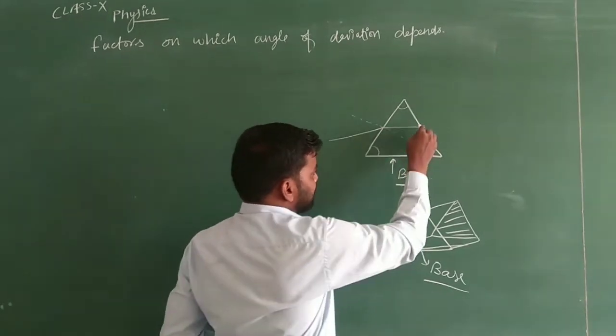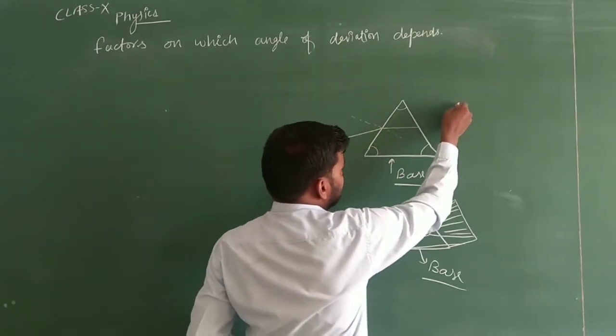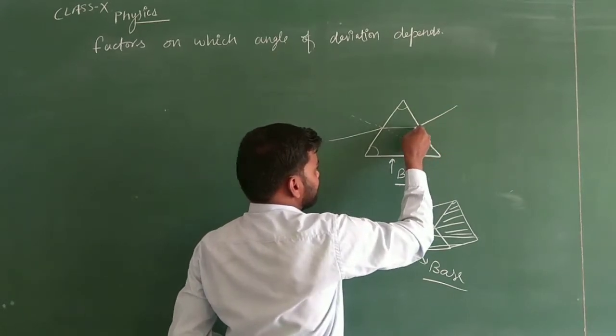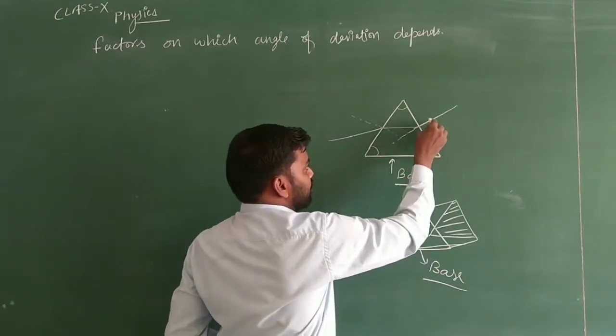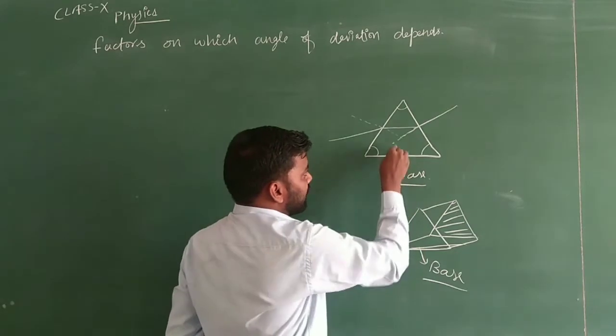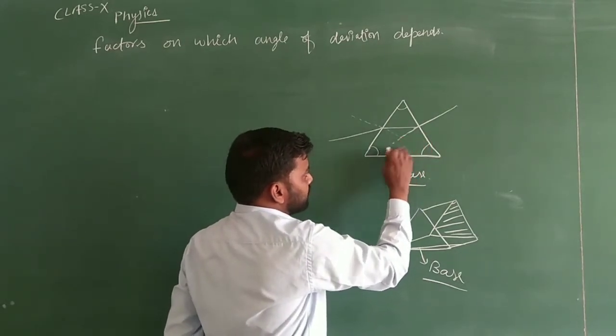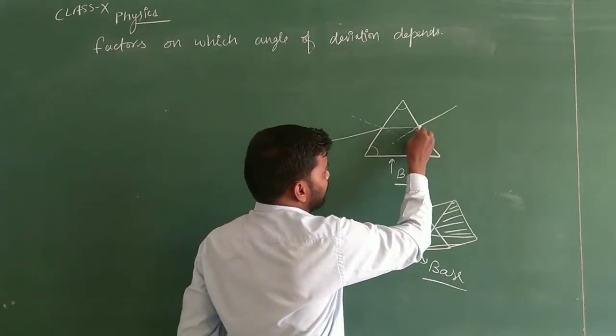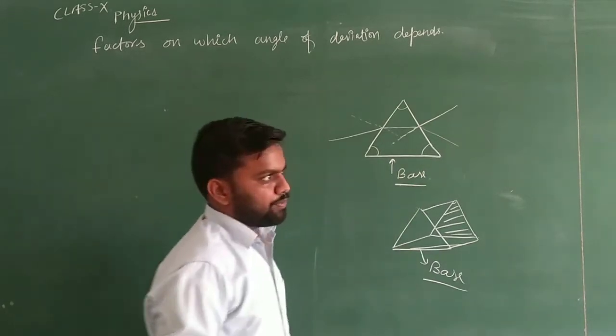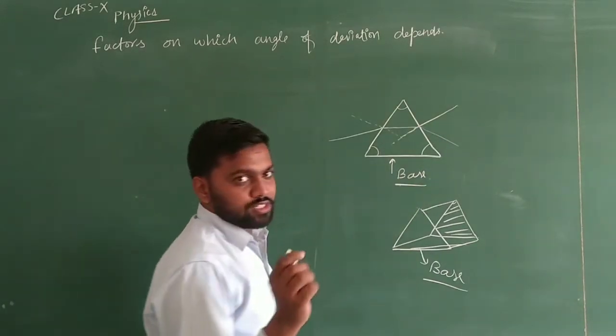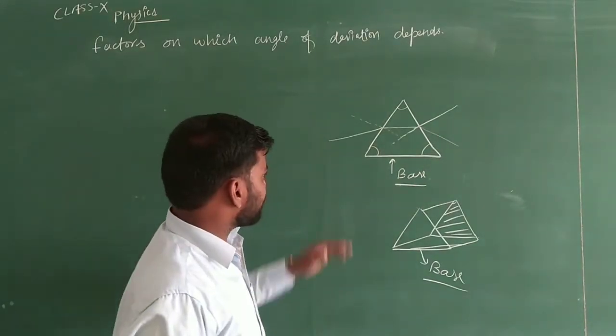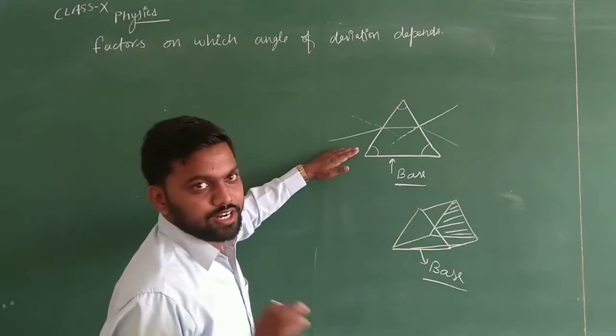And at this surface also, we can see that there will be a normal. So the light ray is going from the denser medium to the rarer medium, so it will move away from the normal. Okay students, in this case what is happening? It is the incident light ray.